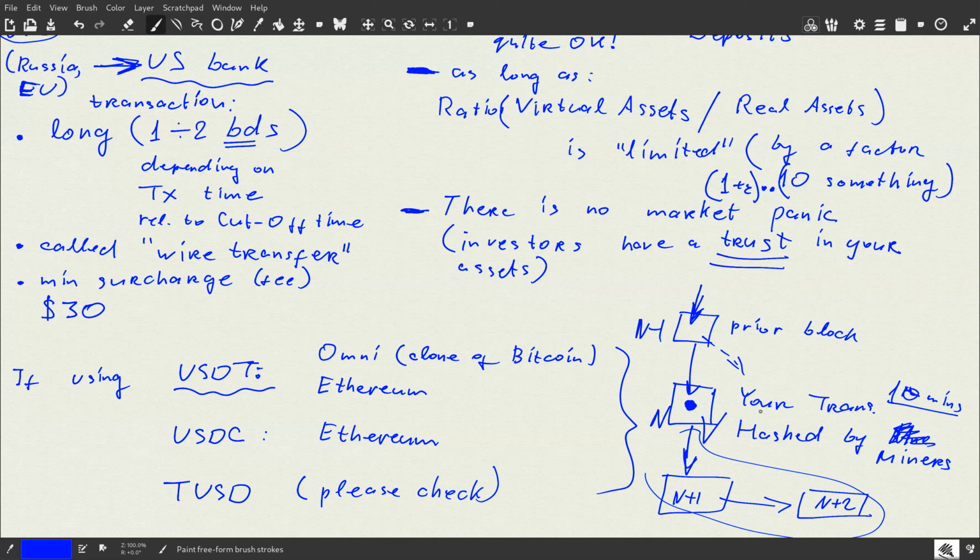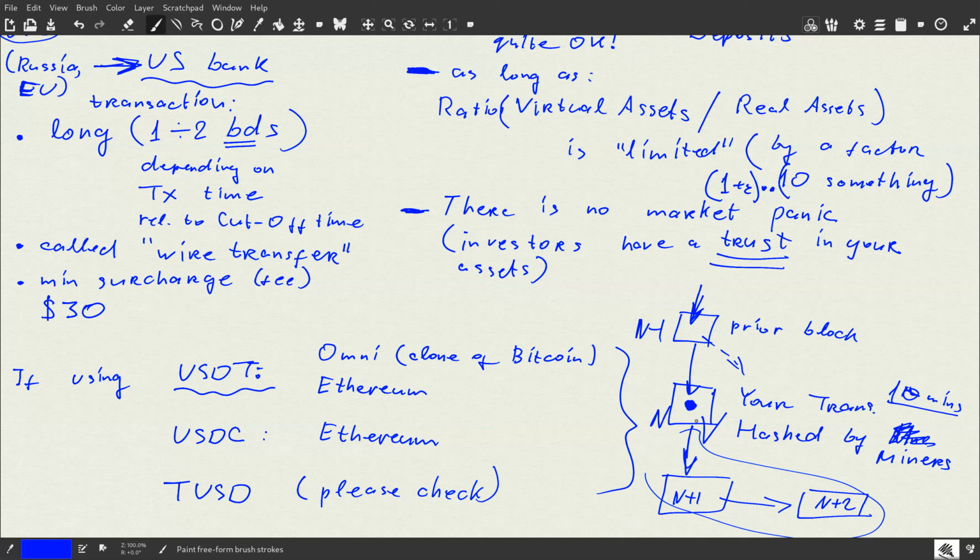Moreover, if such a small fork occurs, then most likely another block competing with this one would contain your transaction as well.